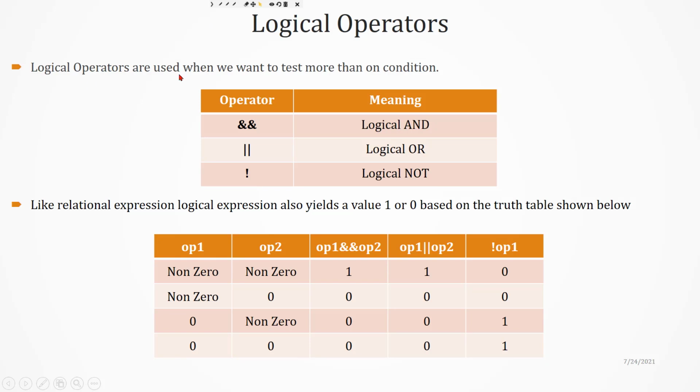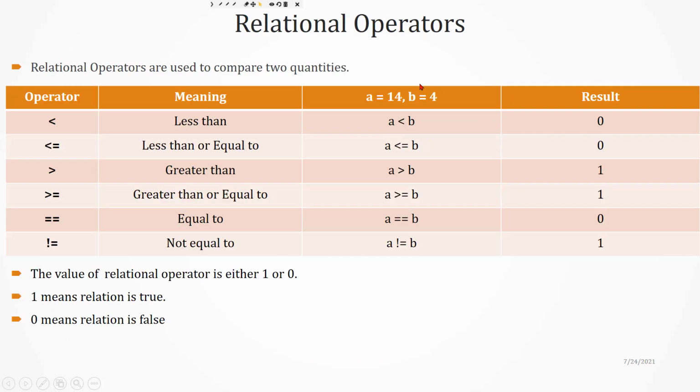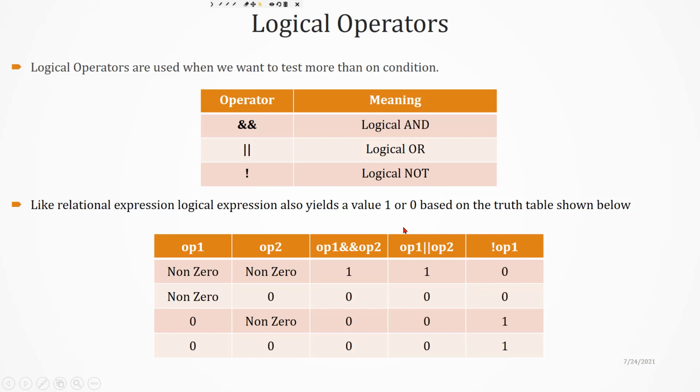Logical operators are used when we want to test more than one condition. In the earlier case, with the help of relational operators, we can test only one condition between A and B. Suppose we want to check more than one condition. At that time, we have to use logical operators along with the relational operators.